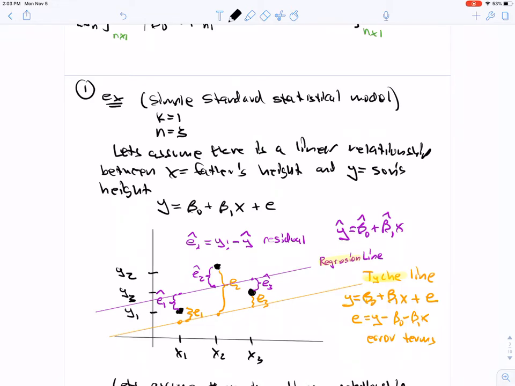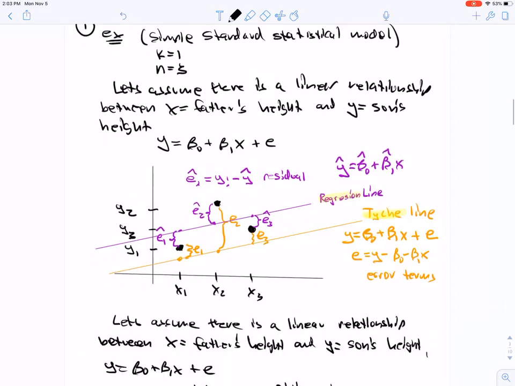And then there's the regression line, which is what I observe. We'll write down the best fitting line through our 3 points, and then we can say what the errors are, and the errors to the regression line are called residuals.